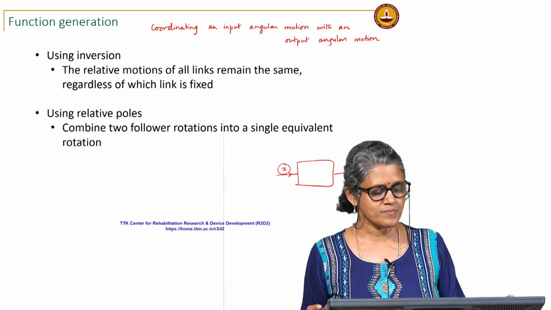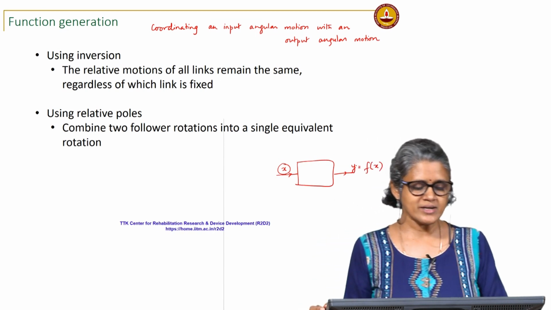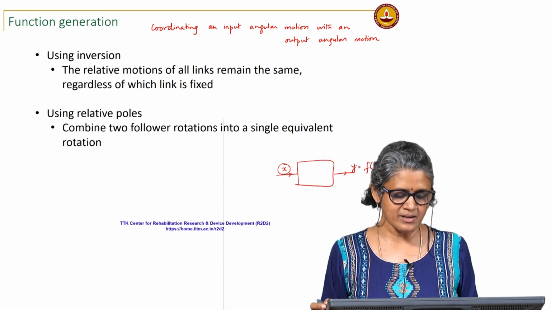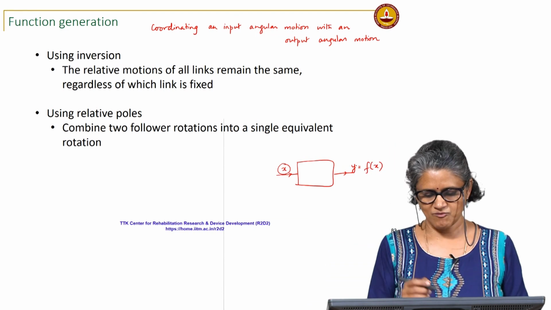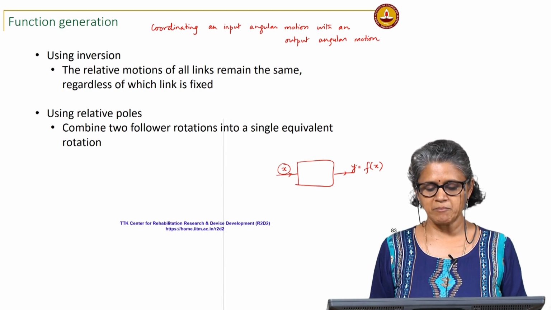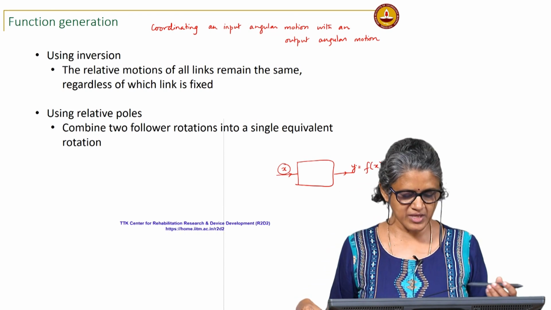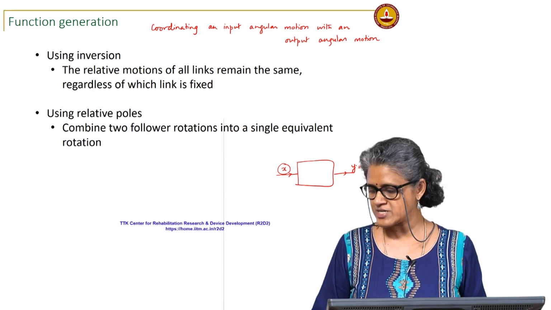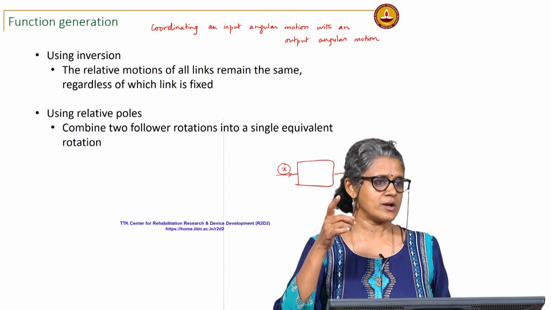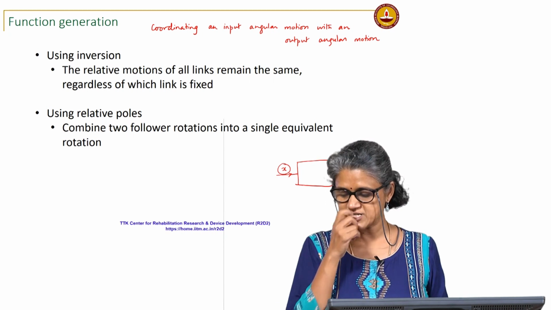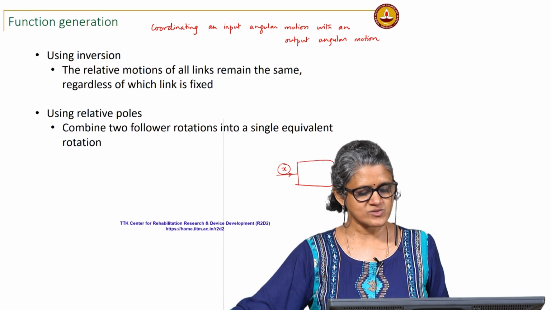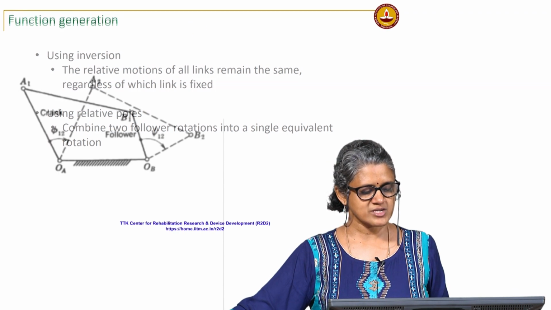And then we will also look at a method using relative poles, where you will combine two of the follower rotations into a single equivalent rotation. So, we will revisit the pole that we looked at initially, and we will also define something called a relative pole. These are two methods that we will use for function generation.